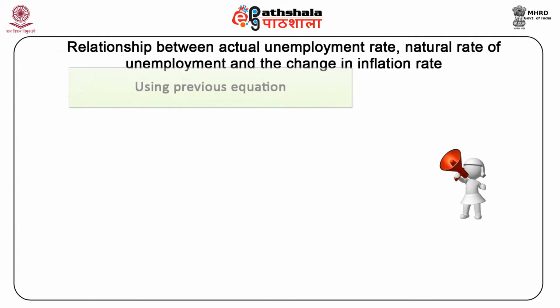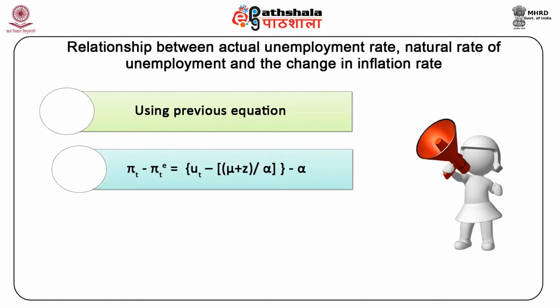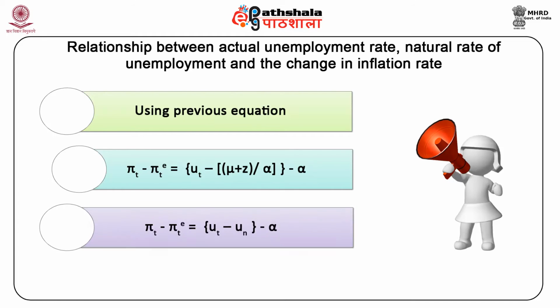Using the previous equation, inflation in time t minus expected inflation in time t is equal to negative alpha into ut minus (mu plus z upon alpha). Therefore, we get inflation in time t minus expected inflation in time t is equal to negative alpha into ut minus un.